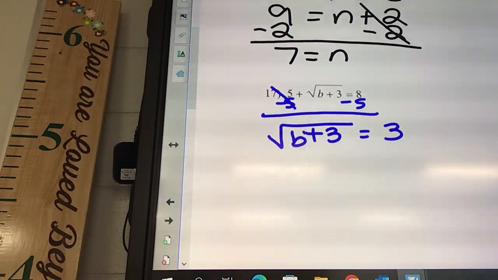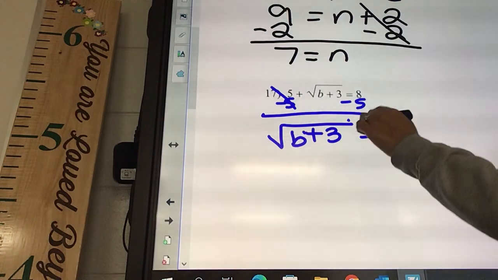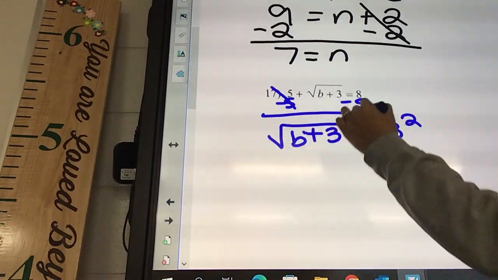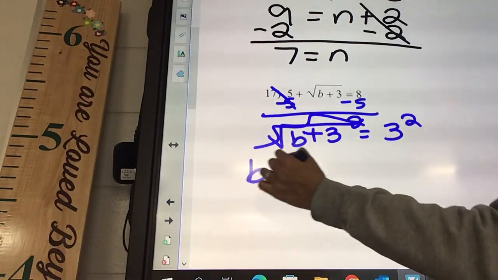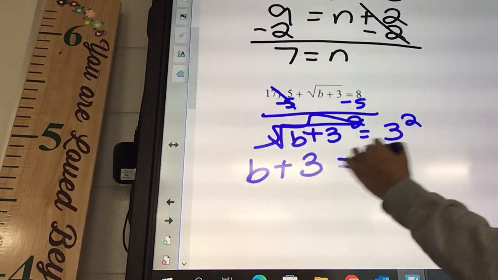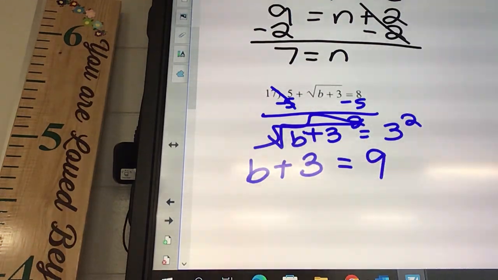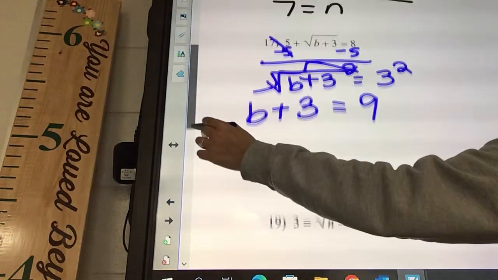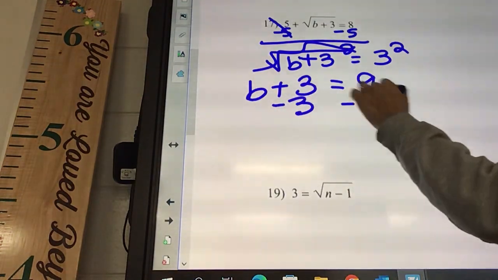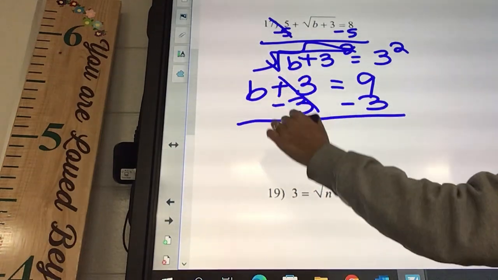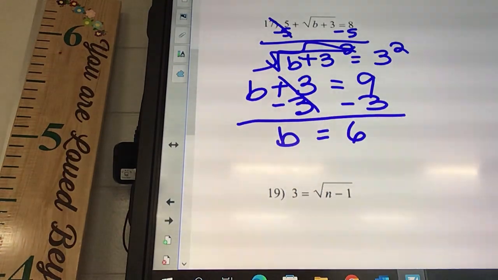No, square it first. Okay, so we're gonna get b plus 3 equals 9. Then we can minus 3 from both sides. So we get b equals 6.